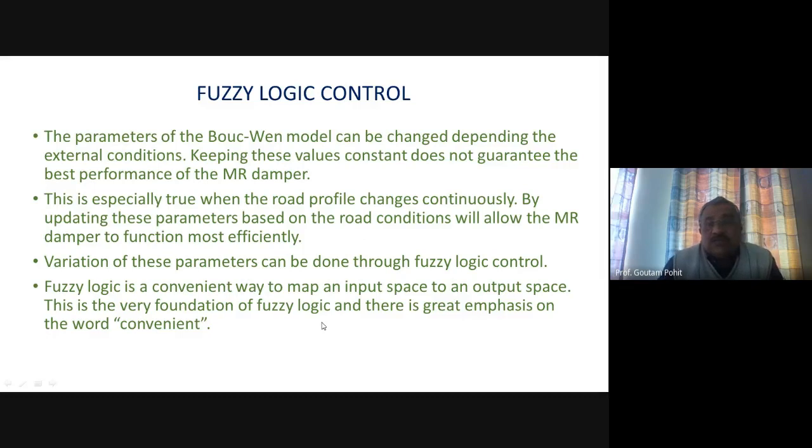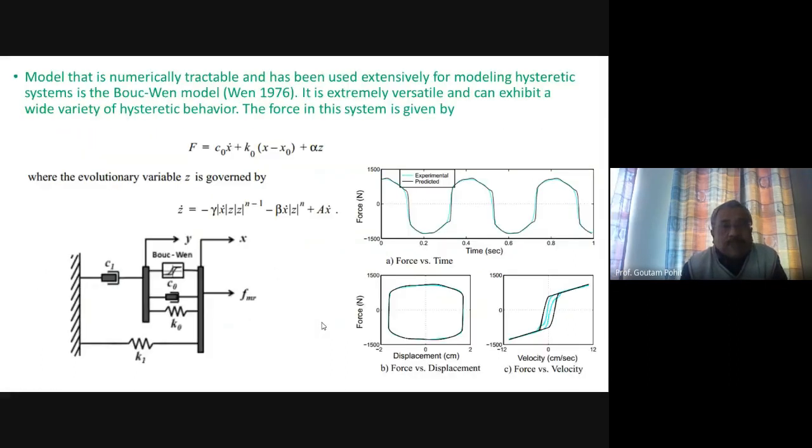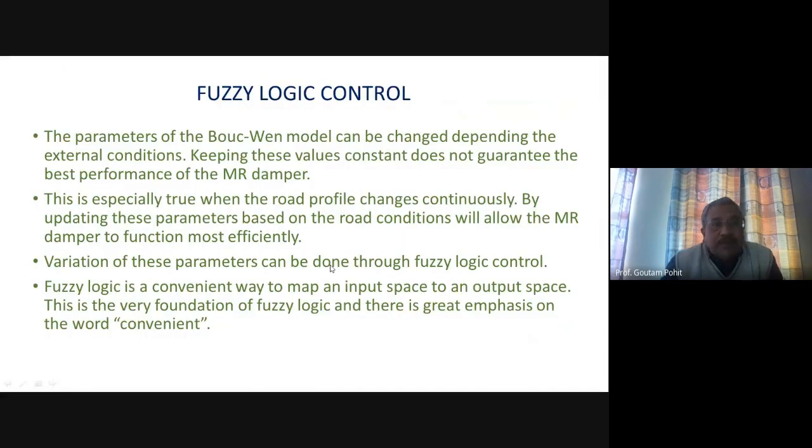Keeping these values constant does not guarantee the best performance of the MR damper. That means, see, if I can change these properties, then the model will be more versatile. Okay, keeping these values constant does not guarantee the best performance of the MR damper.